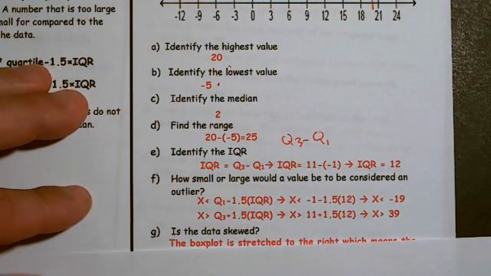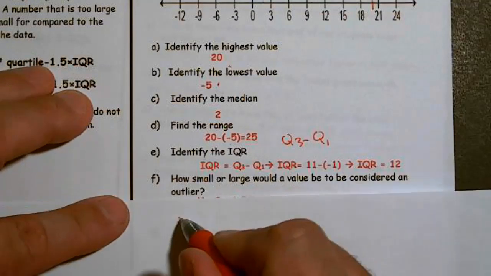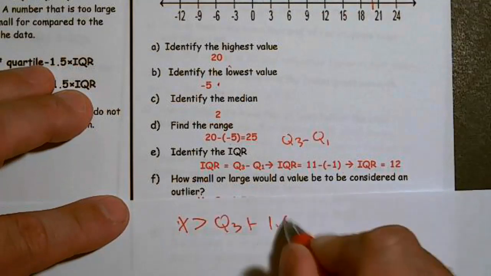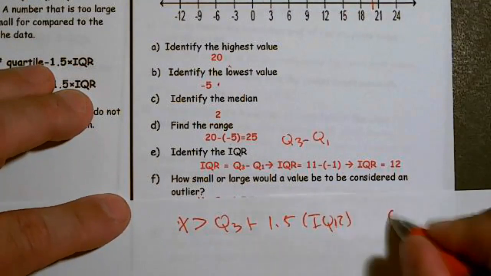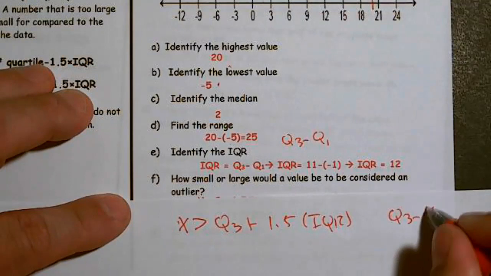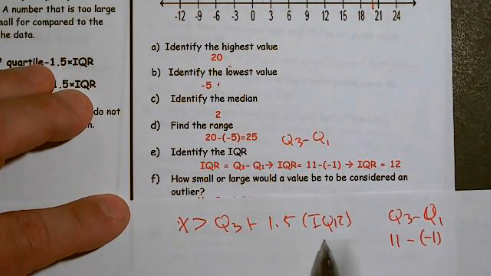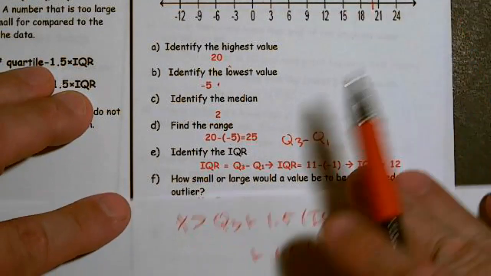On the upper end of the data, for our formula, X is greater than Q3 plus 1.5 IQR. Remember, IQR is Q3 minus Q1, which in this case was 11 minus -1. So our IQR was 12. So we have 1.5 times 12. And then our Q3 value, we said, was 11.